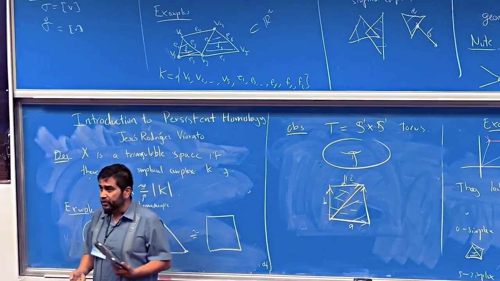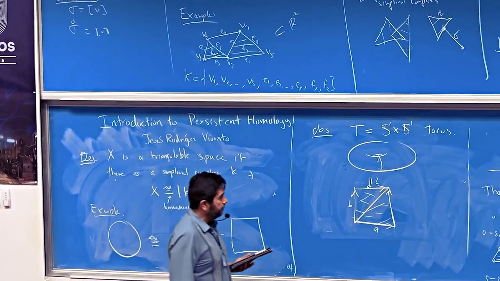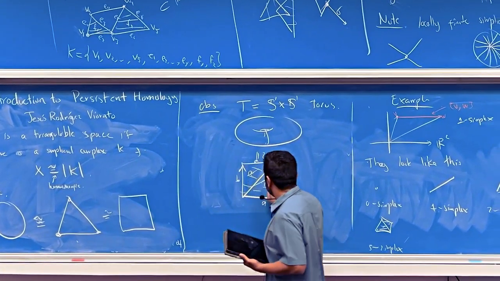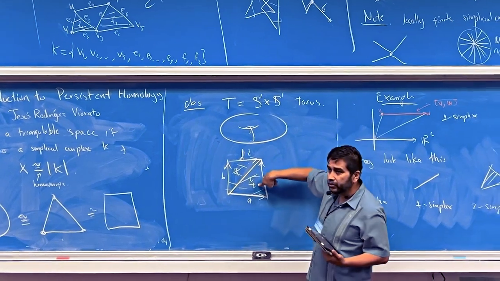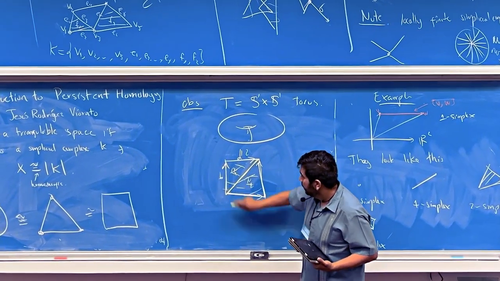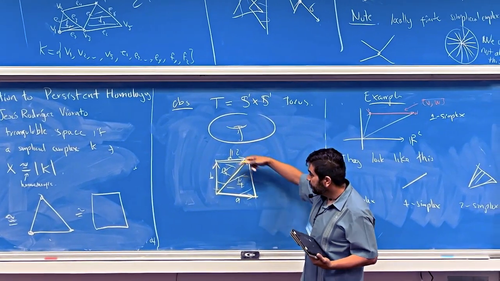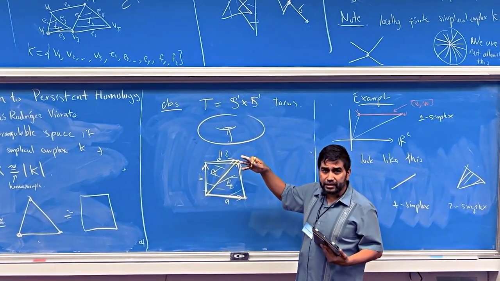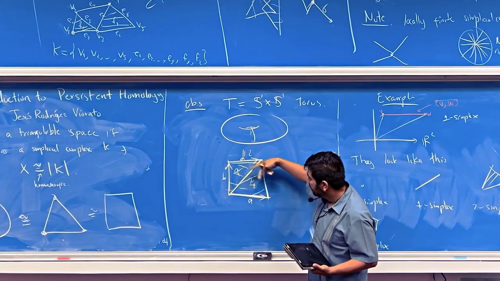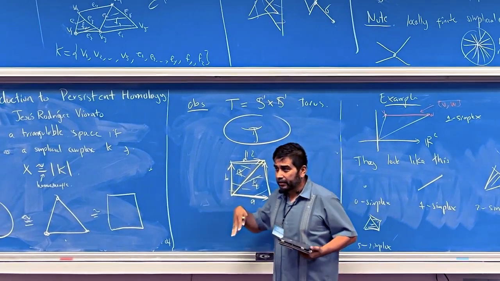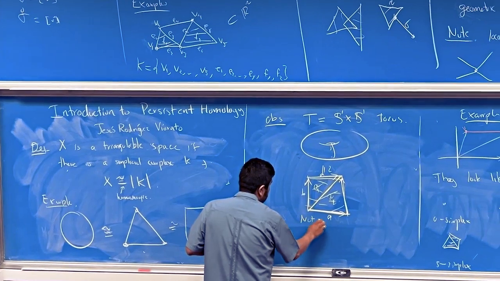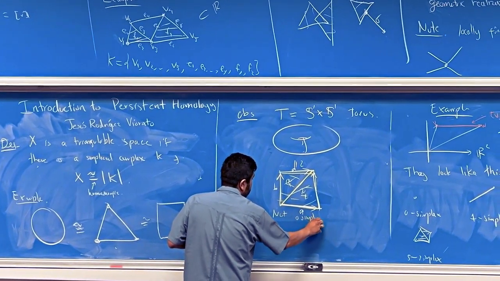But that is not okay, because the intersection between these two, T1 and T2, is this line, but also this line, and also these two lines. So the intersection between these two faces, these two-dimensional simplices, is not just one face of each. It's also the entire boundary, right? So this is not a simplicial complex.